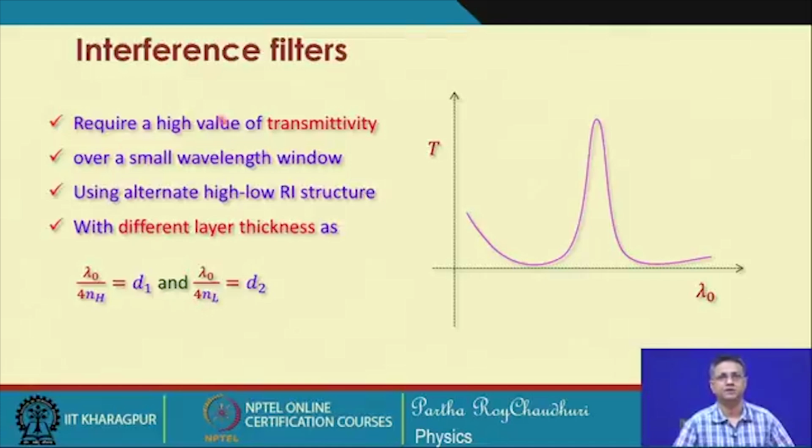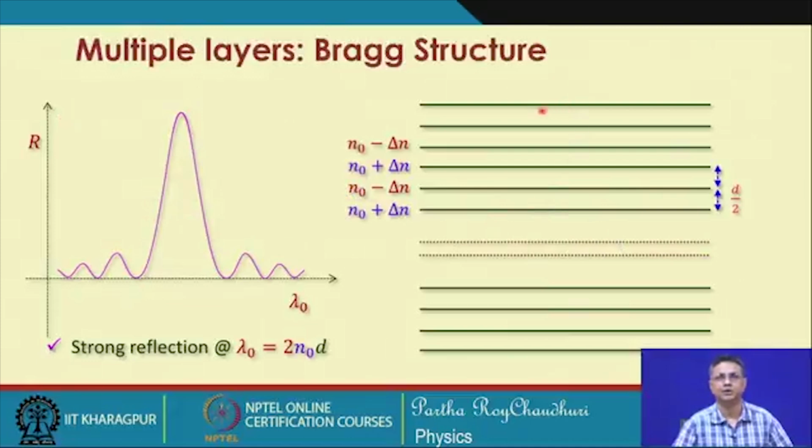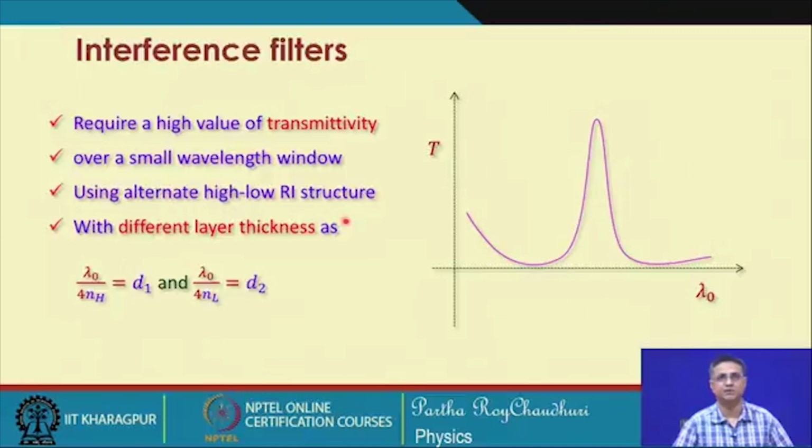Interference filter. This is another example. If I choose the stacks differently from the one I have shown, where all the stacks have the same thickness, so that d by 2 represents one layer and one high and one low together make a distance d, but now we have alternate layers having different thicknesses, the same for all the alternate layers, given by d 1 and d 2.